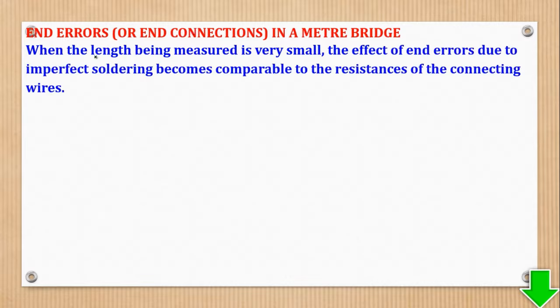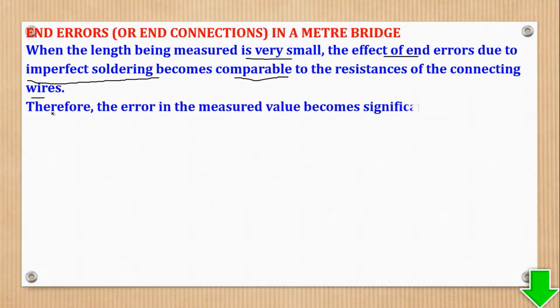So when the length being measured is very small, the effect of end errors due to imperfect soldering becomes comparable to the resistance of the connecting wires. That means that the error in the measured value becomes significant.